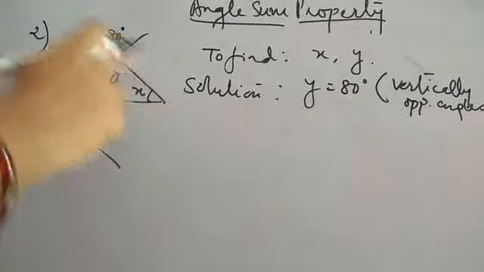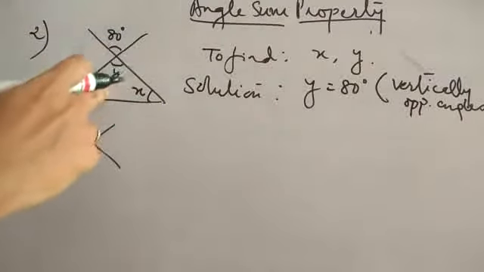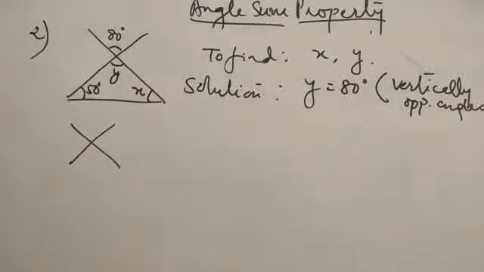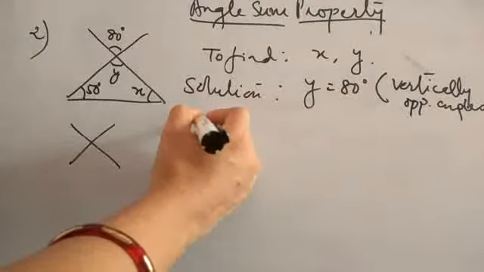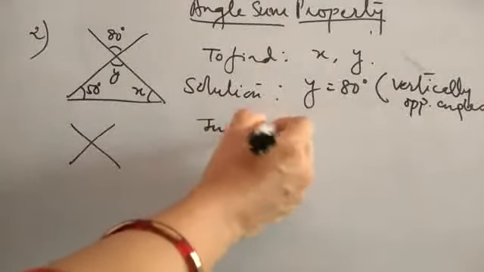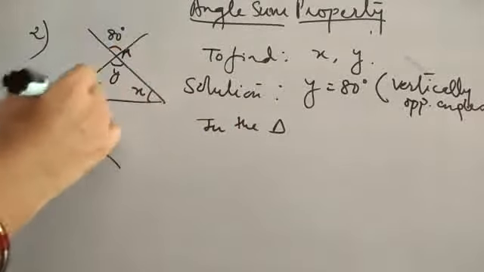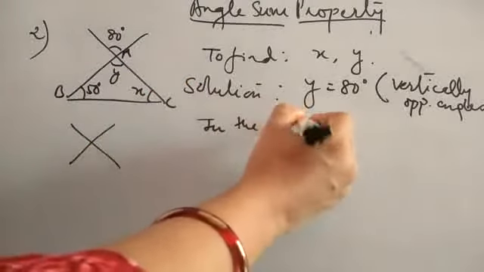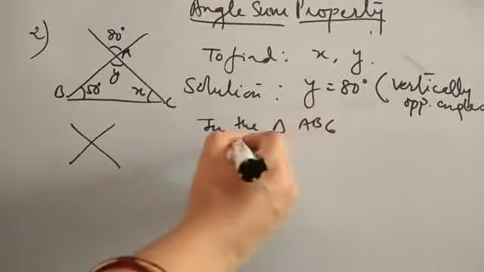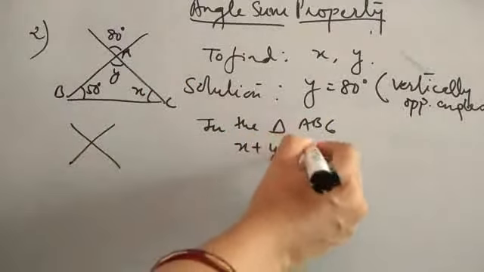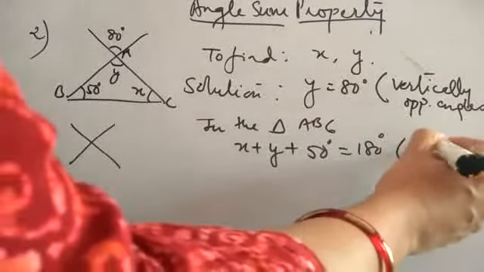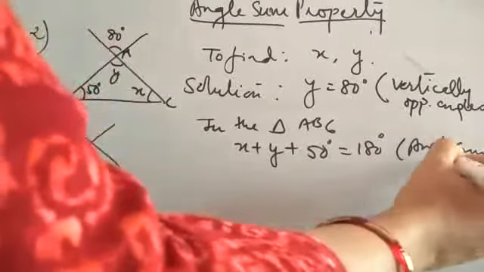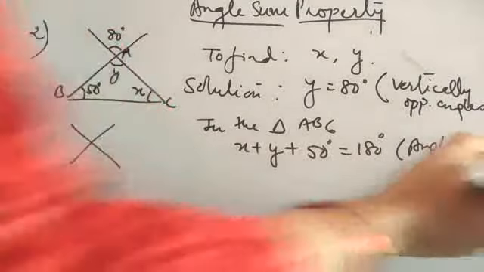Now this is a triangle, and in this triangle now you know two angles. Can't you find out the third one? Very easily. So in the triangle, suppose this is ABC, x plus y plus 50 degrees is equal to 180 degrees. How? By angle sum property.